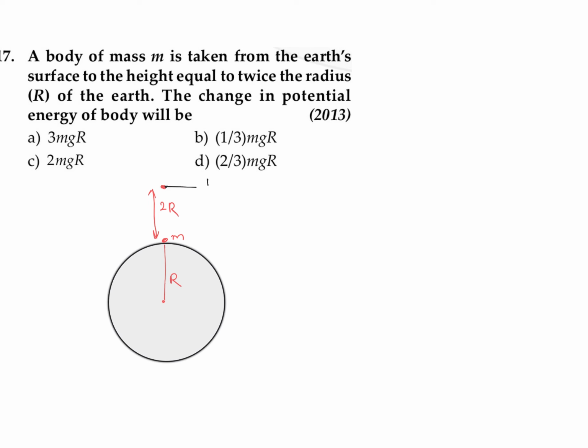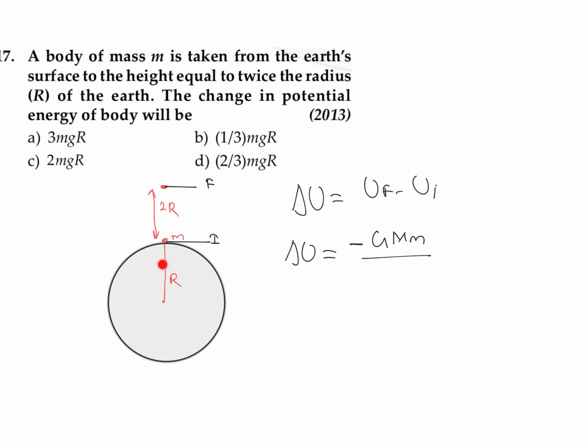This we can take as the final point, and this as the initial point. Now we can write the equation for the change in potential energy. The change in potential energy is final potential energy minus initial potential energy. The final potential energy is minus G M m divided by, we need to write the actual gravitational potential energy, not mgh.